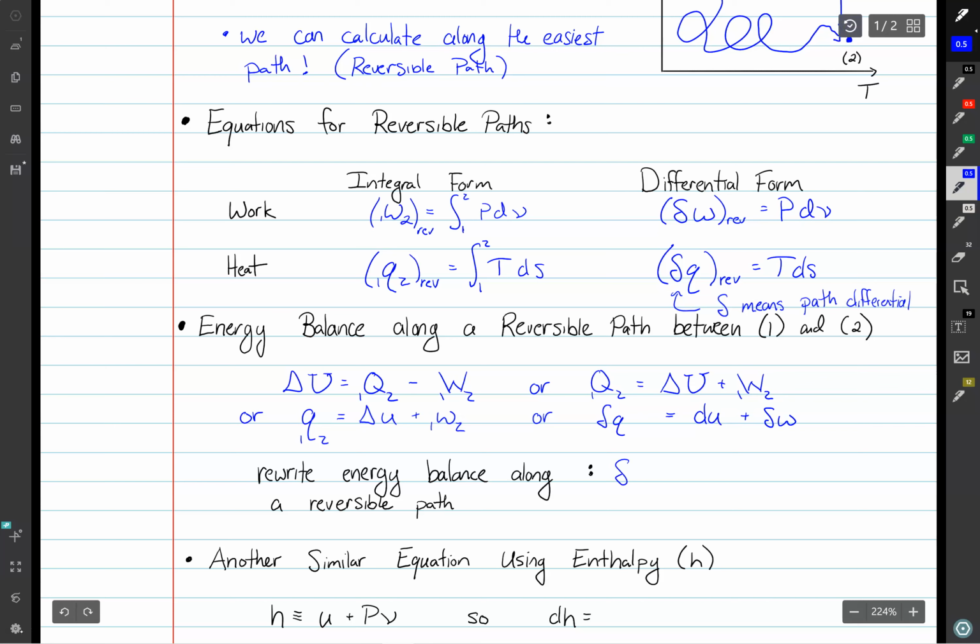So we could rewrite this as dq, basically substituting in these two equations, where instead of dq we would have T ds equals du plus P dV. I promise this will make sense in a little bit.